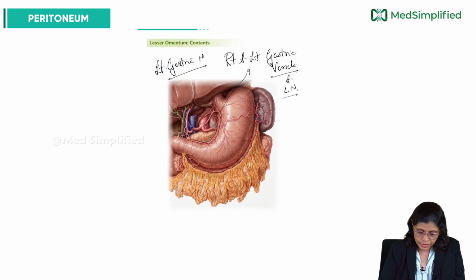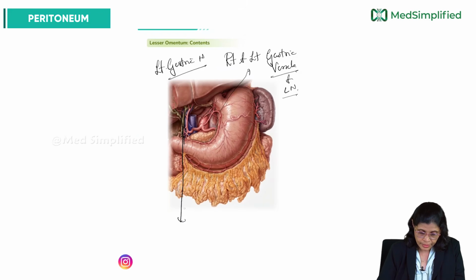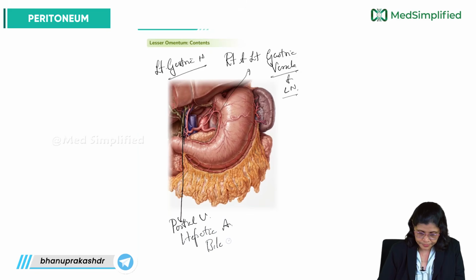Then here along the right free margin, okay, so this right free margin, it basically forms the anterior boundary of the epiploic foramen which connects the greater sac with the lesser sac. So along the right free margin here at this part, we will see the portal vein, then the hepatic artery and the bile duct.